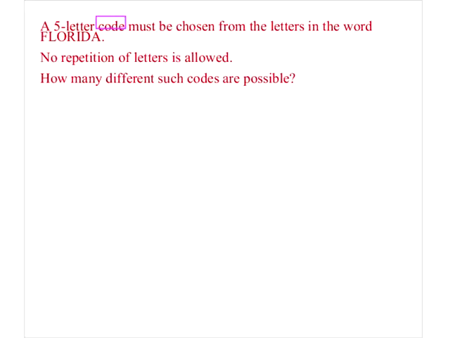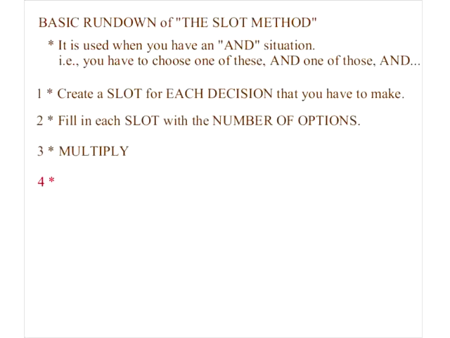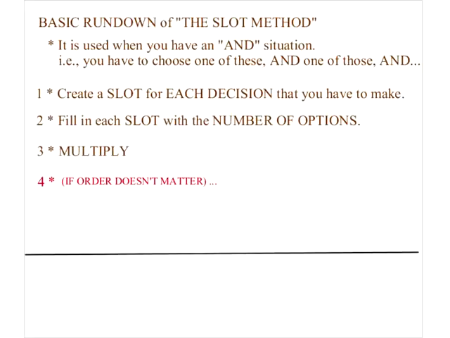Okay, let's talk about why. First, let's clarify what order matters means. Let's go back to this page in which we were talking about this. We're going to fill in step 4 later on, but this is the step for if order doesn't matter. Again, like I promised you, we're going to fill in this step later with actual technique. But first, let's talk about exactly what it means for order to matter and order to not matter.